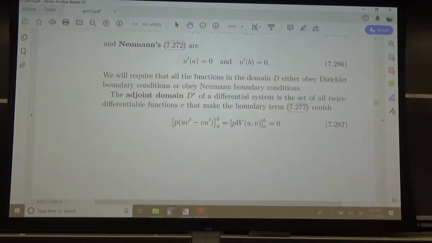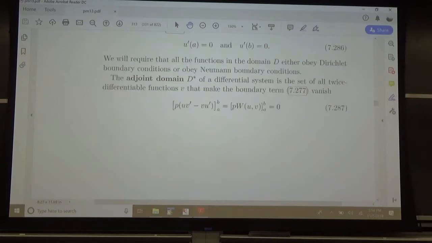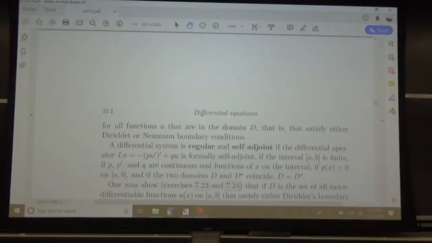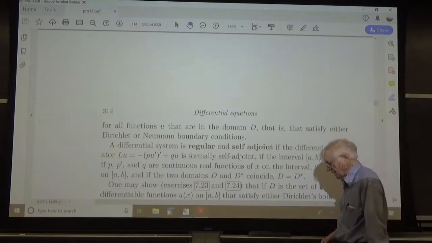The adjoint domain is technically defined as the set of all twice differentiable functions v that make the boundary term vanish when the functions u are in the domain. That is to say, the functions u satisfy Dirichlet or Neumann boundary conditions.